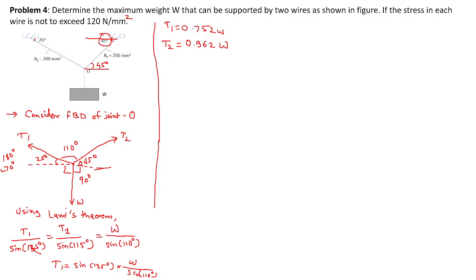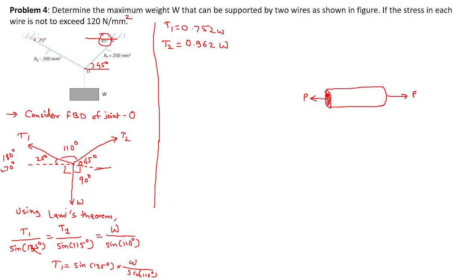So we cannot find stress of W here, because when we consider a bar, any rectangular or circular bar, with a pulling force on both sides, then we take a cross section of this, right?